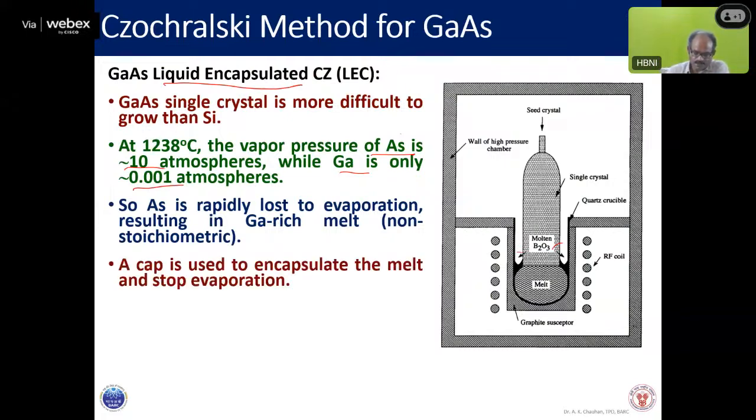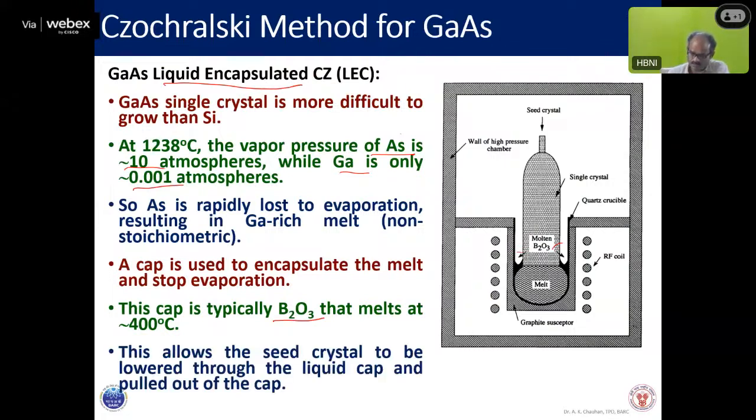So a cap is used to encapsulate the melt and stop evaporation, and this is boron oxide. The melting point of boron oxide is about 400 degrees centigrade, so when the temperature reaches 1238, it will obviously be in the molten state.